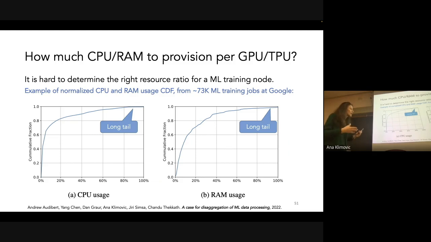And when you pick a certain configuration for what you're going to assume as the ratio between CPU, memory, and TPU or GPU cores, you're going to satisfy some slice of jobs here, but some are going to underutilize the CPU, and some are going to underutilize the GPU because they won't have enough CPU per GPU core. And so all of this is the standard argument towards you want better flexibility to be able to scale resources for data processing separately from training.